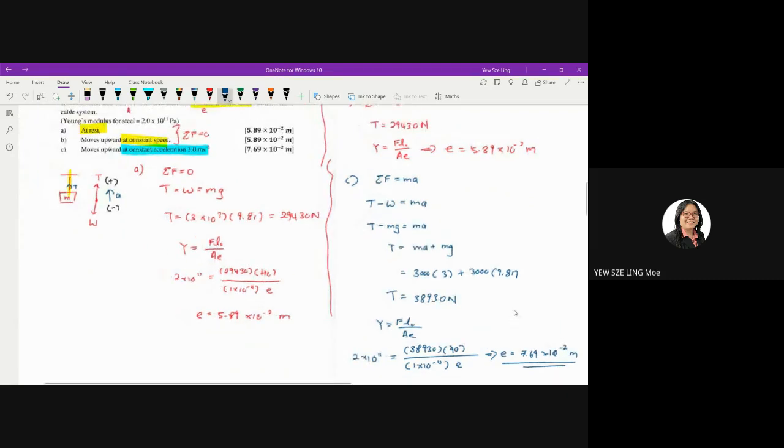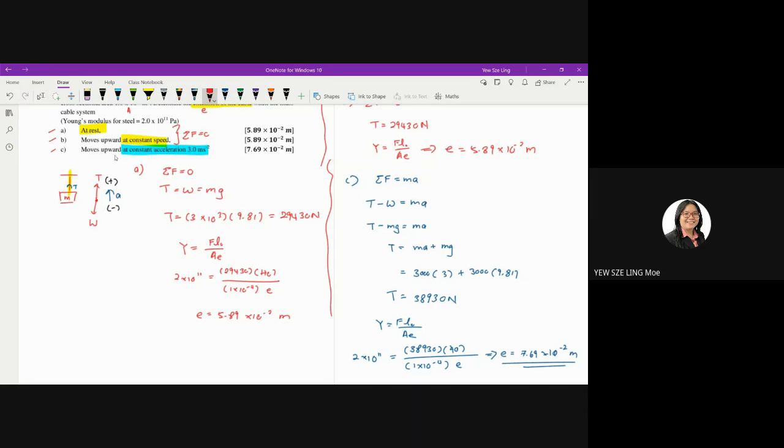So now again, I give you 2 minutes to write it down. The crucial part in this question is to test whether you know how to determine the tension in various situations. That's why, if you look at the question, you are given the situations where the object is at rest, it is moving at a constant speed, and it is moving at a constant acceleration.